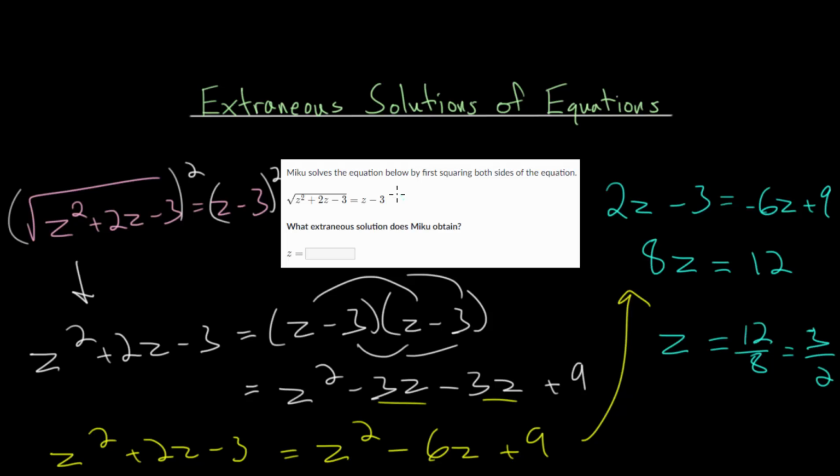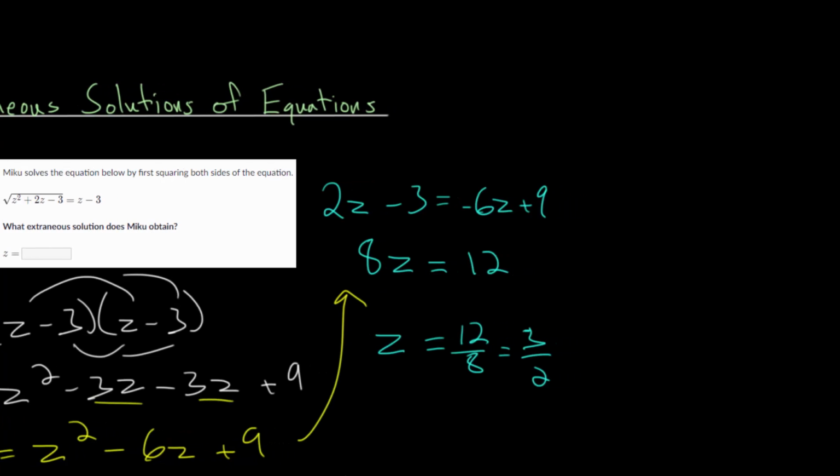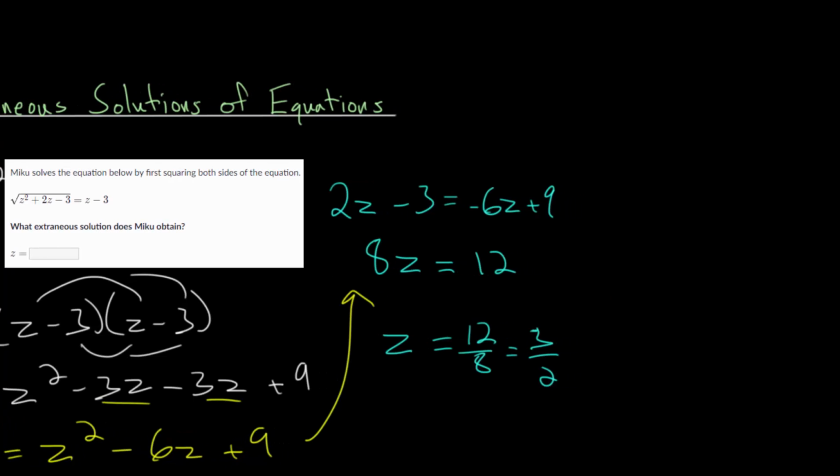Now, with any square root equation, you really need to plug it back in and double check that it actually makes sense. So at this point, let's check our work. So let me make some room. And if you don't do this, you're going to end up with these extraneous solutions that don't make sense. Because if we plug in this 3/2, you'll see that you get something that is nonsensical.